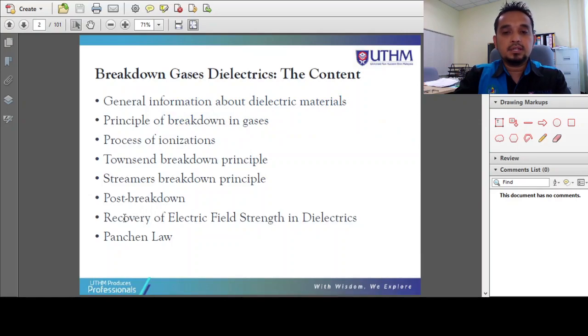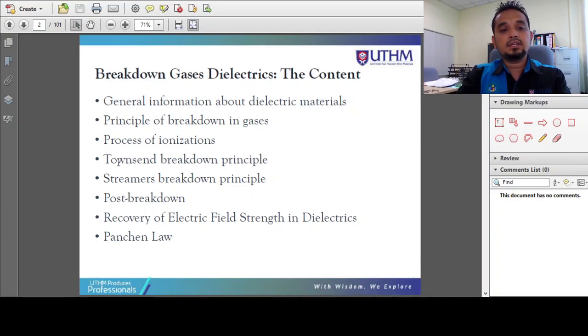What we're going to learn in this topic specifically is general info about dielectric materials, and then the principle of breakdown in gases, liquid and solid. Then the ionization process, which is the initiation of the breakdown phenomena.